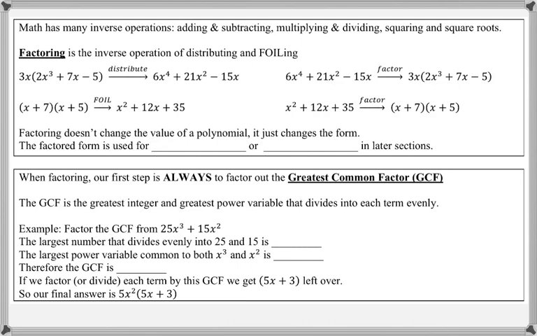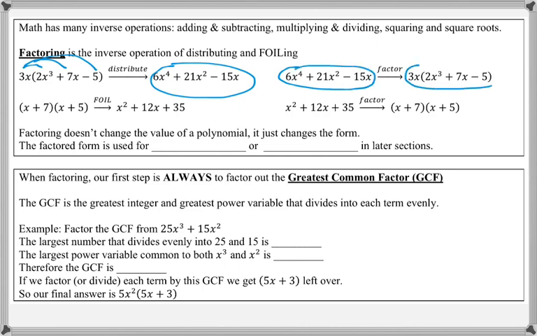So in the last chapter, we were distributing numbers and we would get this as our answer. Here, that's going to be the question, and we have to work backwards to get this as our answer. So it's really the reverse of distributing.